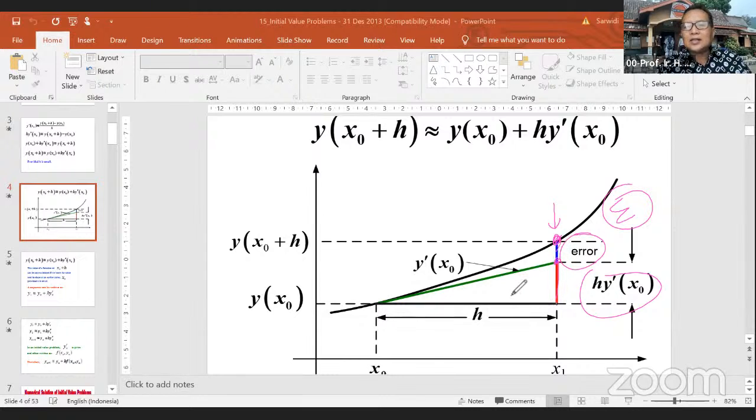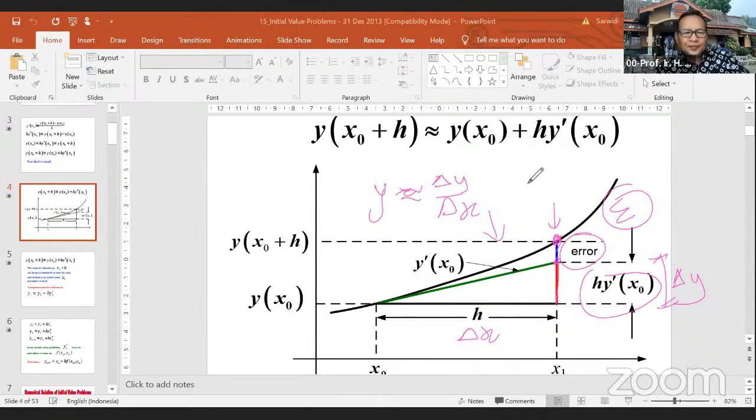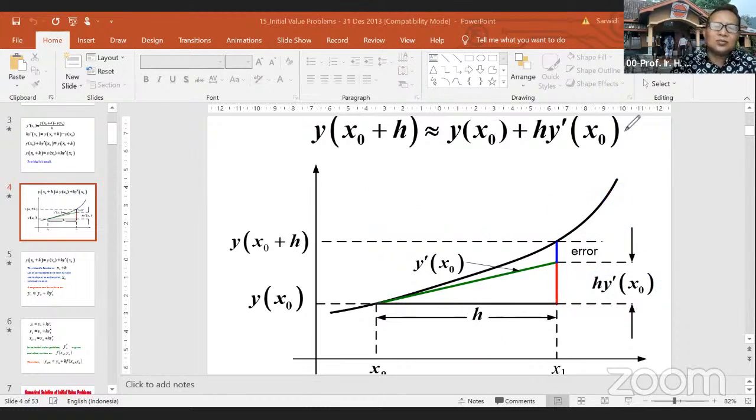So there is error here. Here is the delta x, here is the delta y. So y dot means delta y.